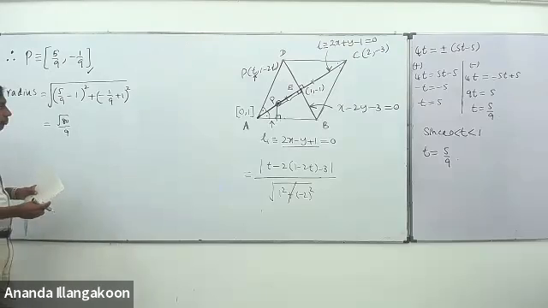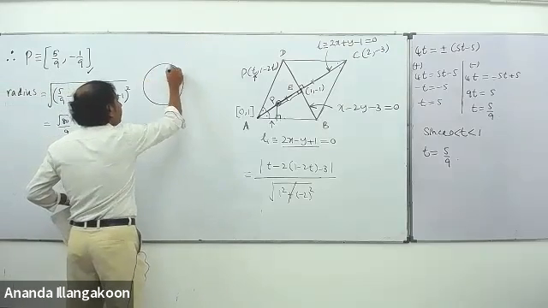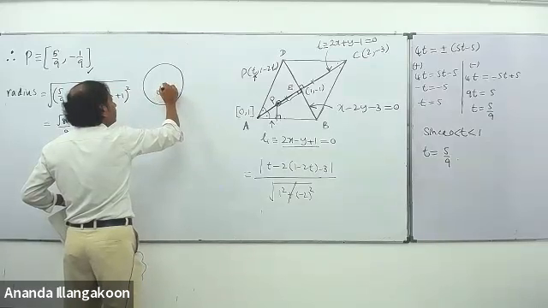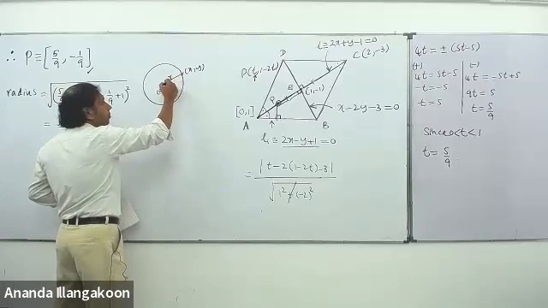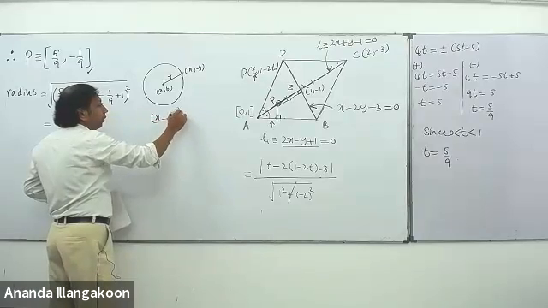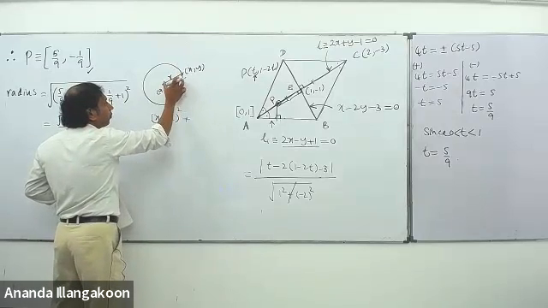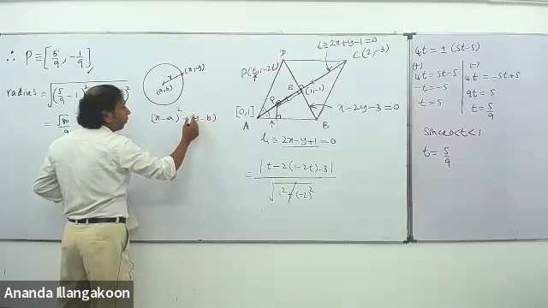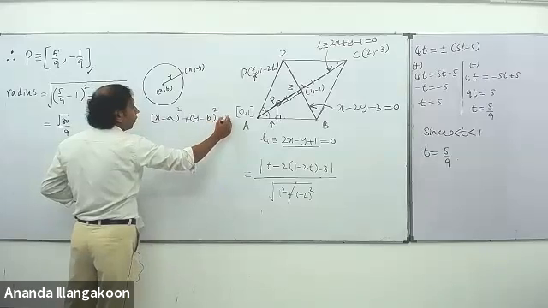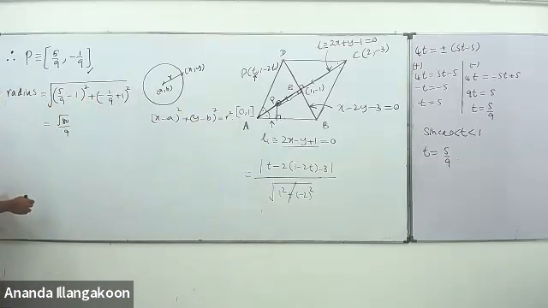Now, if you know the center and the radius of a circle, how to find its equation? Yes, the distance between these two points, perfect square, is equal to r square, no? Then (x minus a) perfect square plus (y minus b) perfect square is equal to r square, no? Apply that. Now, center is P, no? This radius is this. Take a point on the circle as (x, y).